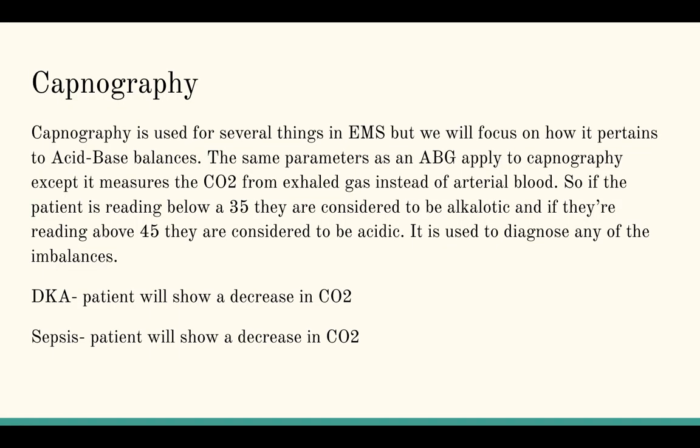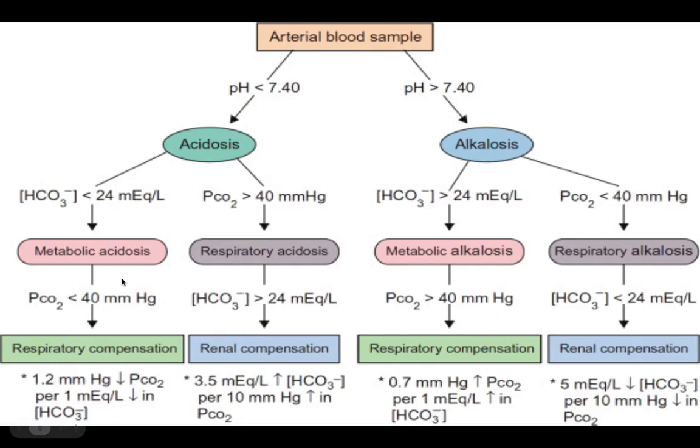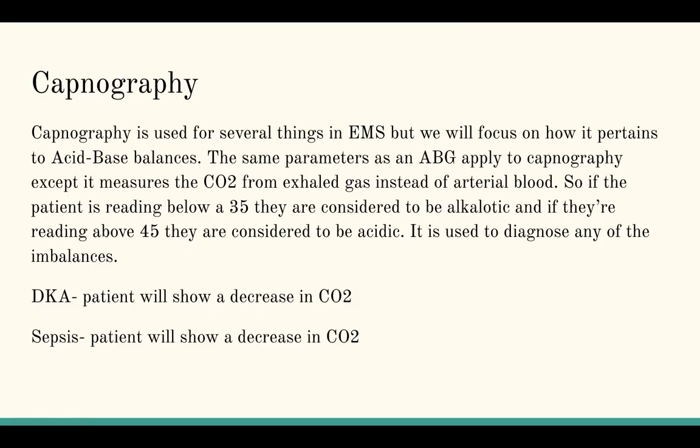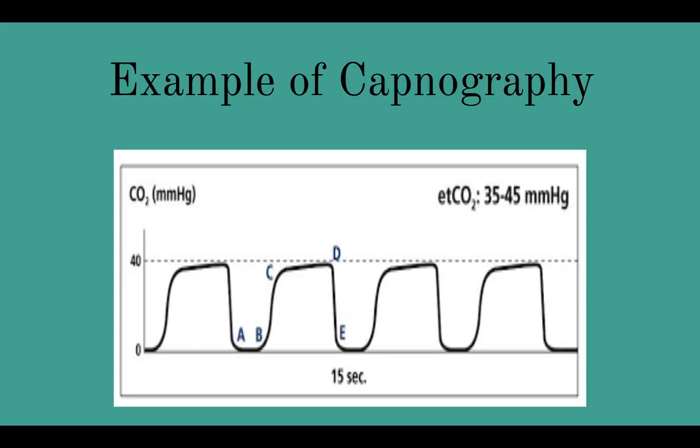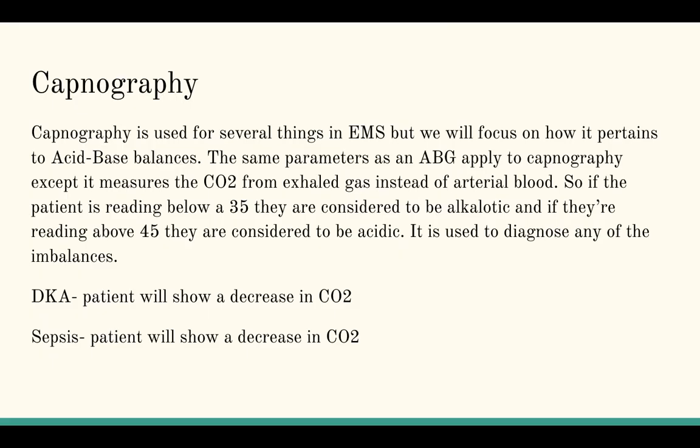For DKA, which is a metabolic acidosis, you compensate with the respiratory system to try to breathe off all the extra acids. That's why you have a lower reading, normally below 25, which would indicate DKA and sepsis. But you have to get a really good patient history on what's going on, and all your other vitals will help you determine that.